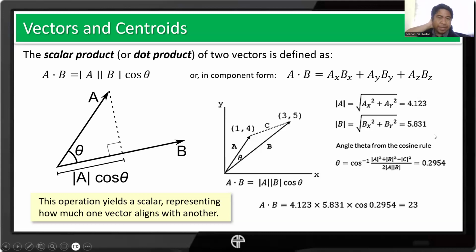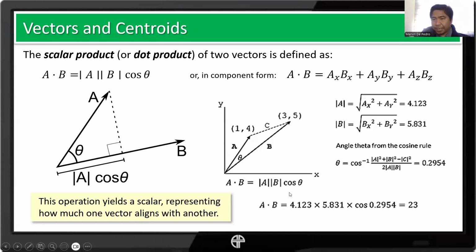Now here comes the hard, or challenging, part of scalar products: the angle. We are not sure of the angle, but we can solve for it using this formula. It's not even shown here, but you can also use some trigonometric and geometric principles if you want.